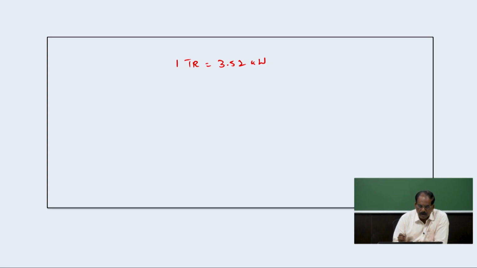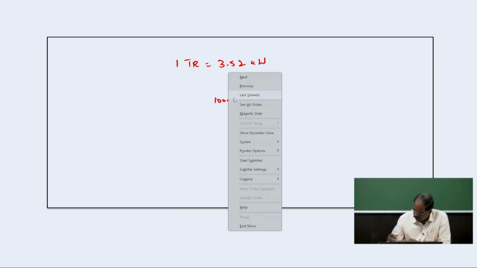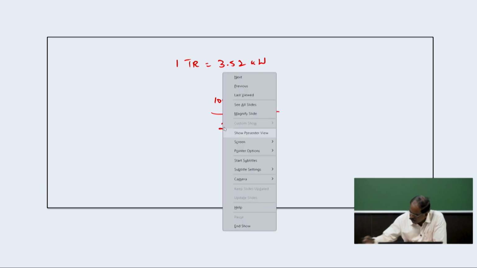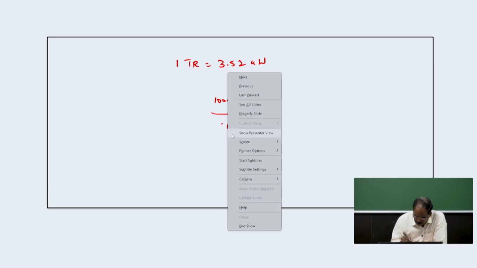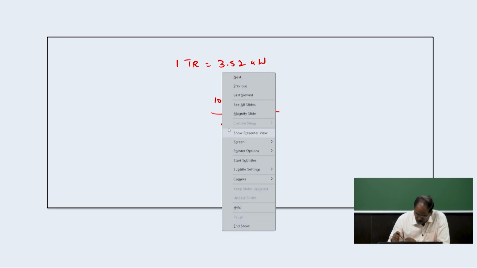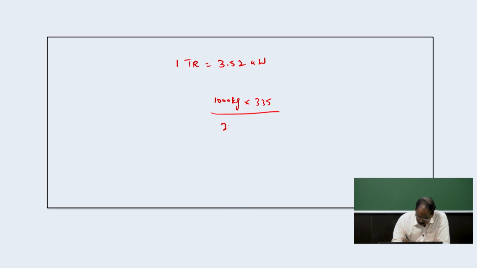Let me explain quickly. 1 ton of ice is 1000 kg. Latent heat of fusion of ice is 335 kilojoule per kg. The time period is 24 hours, that is 24 into 3600 seconds.